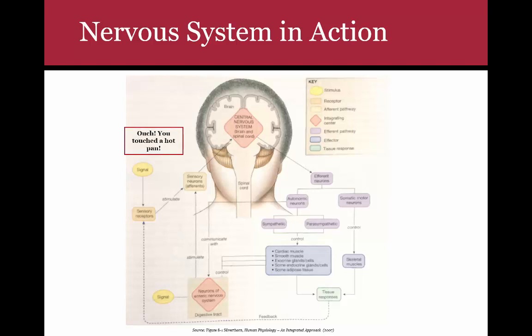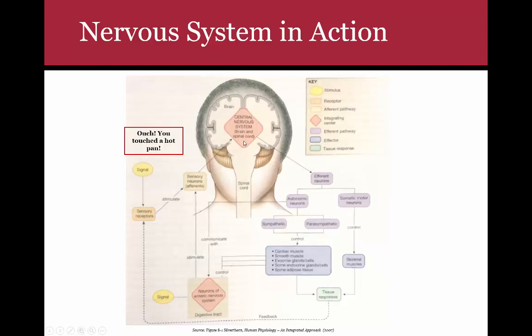Let's say that you got your hand and you touch a hot pan. That is a signal. So you're gonna have your receptors on your hand. They're gonna feel heat, and there are some ion channels in your fingers that will open up and cause an inflow of ionic current, which will then be an electrical impulse that gets sent directly to your brain.